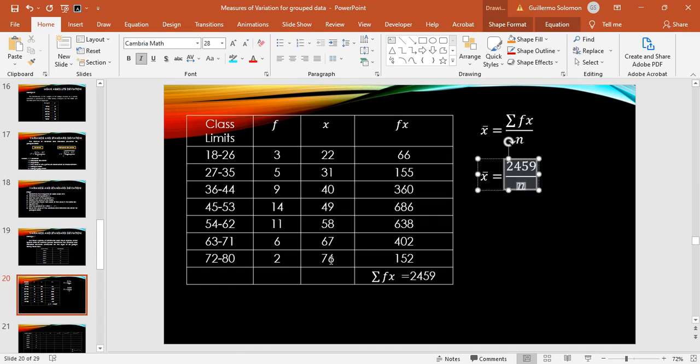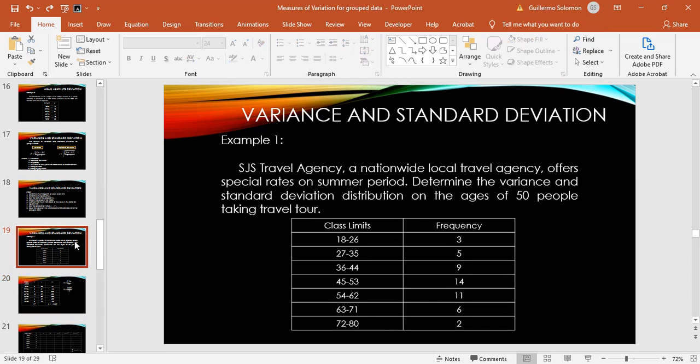Hindi pa natin na-compute. So n is equal to 3 plus 5 plus 9. Ayun, 50 people pala sila. Sabi, naka-indicate doon 50.